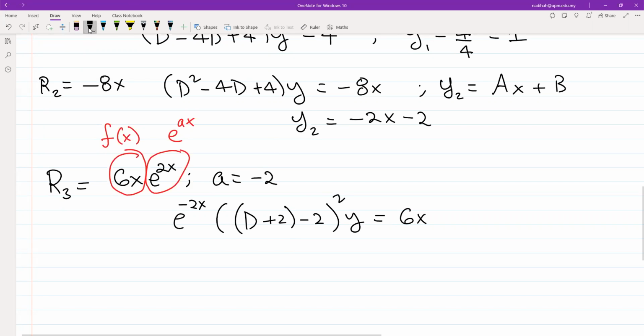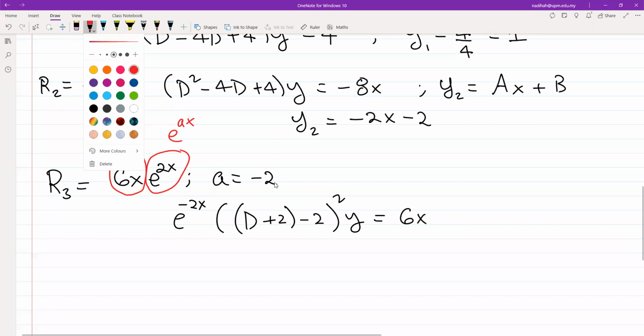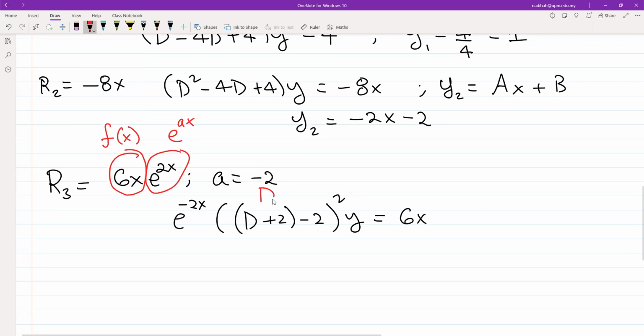So if you notice, this is just the original D from (D minus 2) squared. So this is just D. Okay, ada soalan setakat ni?